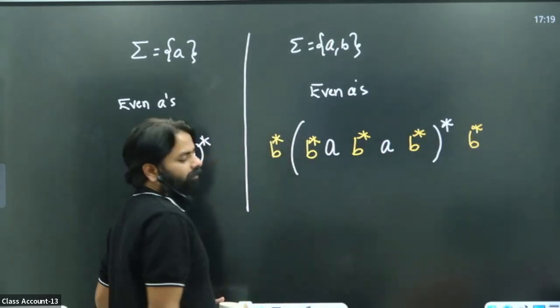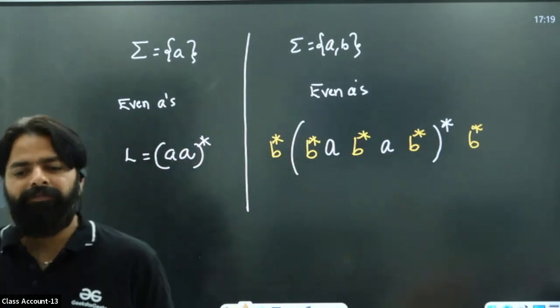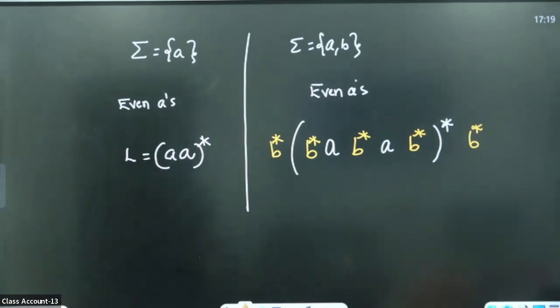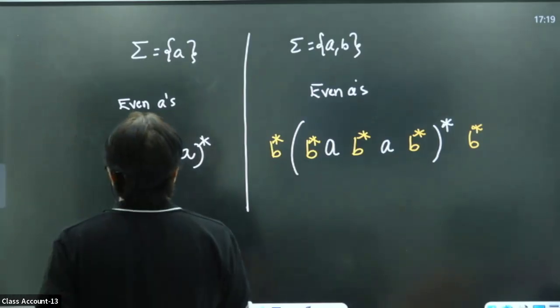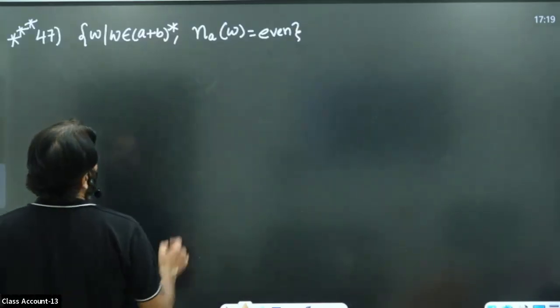Are you able to understand? It is even A's, but B's we don't know where they come, how many they come. So you should have a B star to generate any number of B's. Able to understand how to write an expression for even?